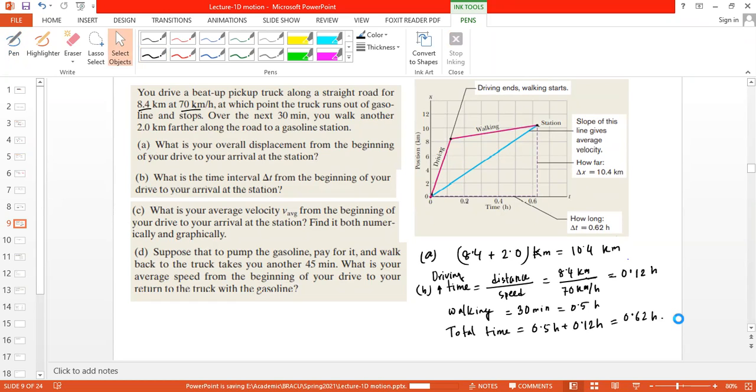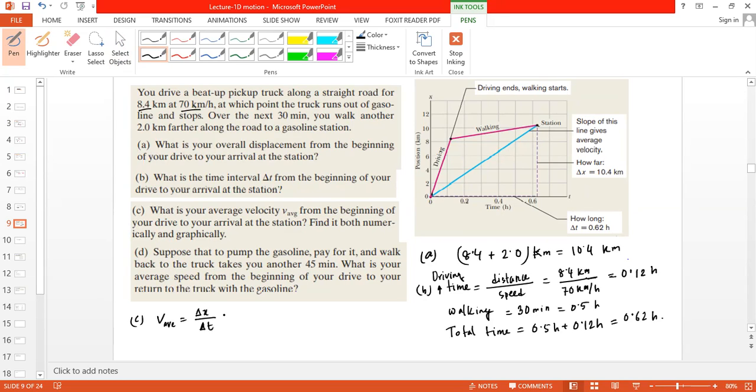Yes, sir. And then part C, they're asking us, what is your average velocity from the beginning of your driving to the arrival at the station? From here to here that you traveled, what is your average speed? We know the definition of average velocity: average velocity means delta x over delta t.